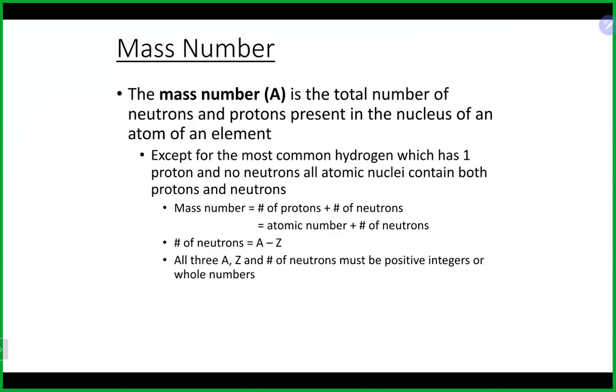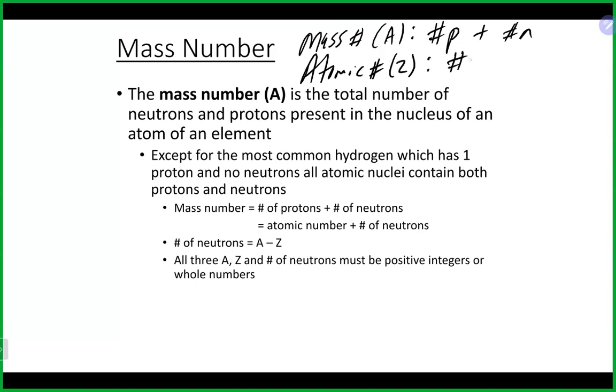The other important number is the mass number. The mass number is abbreviated with an A. The mass number is the number of protons and neutrons in an atom. If you take the mass number, A, which is the number of protons plus the number of neutrons, and subtract the atomic number, Z, which is the number of protons, what cancels?